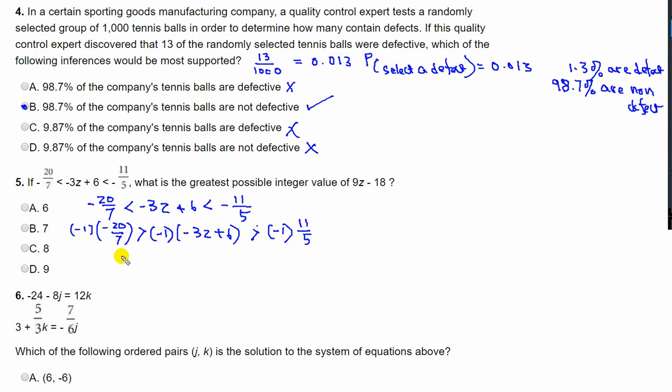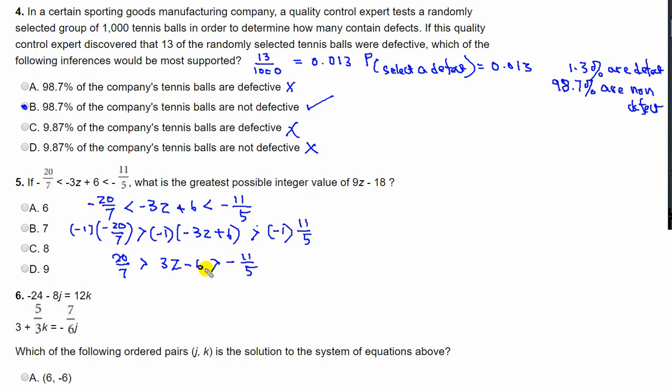Now let's simplify this. Minus times minus becomes 20 over 7. Minus 1 times minus 3z becomes 3z. Minus 1 times 6 becomes minus 6. So this becomes minus 11 over 5.